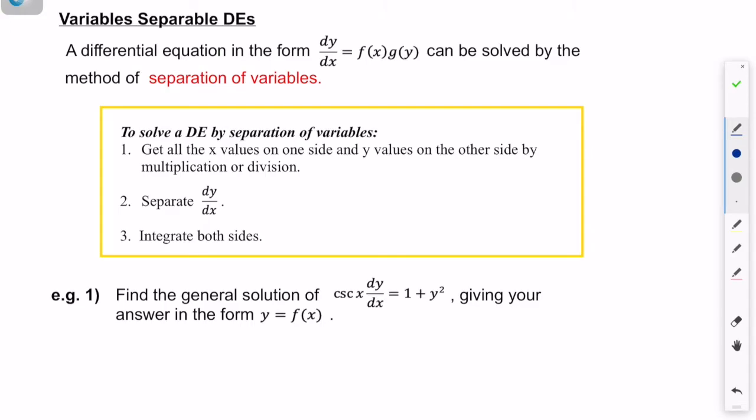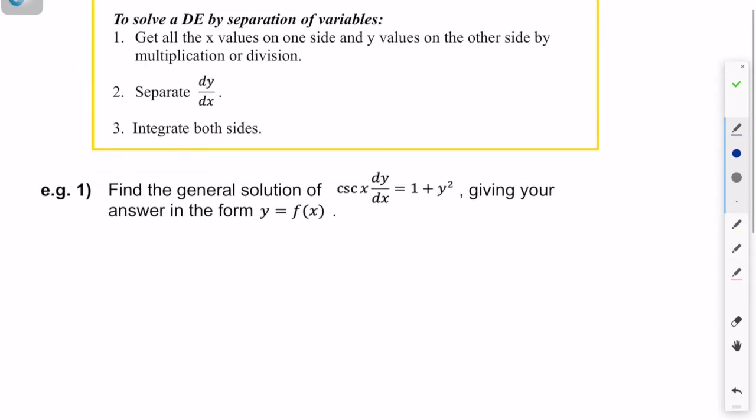So here we say that a differential equation in the form of dy by dx equals f of x times g of y, so it's kind of like a product of a function in terms of x and another function in terms of y, can be solved by the method of separation of variables. We can follow the steps outlined in this box when we solve this kind of DEs. You gather all the y's on one side of the equation, gather all the x's on the other side, and then you separate the dy by dx.